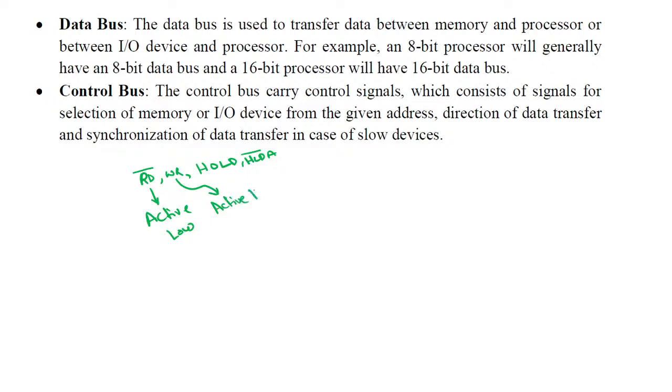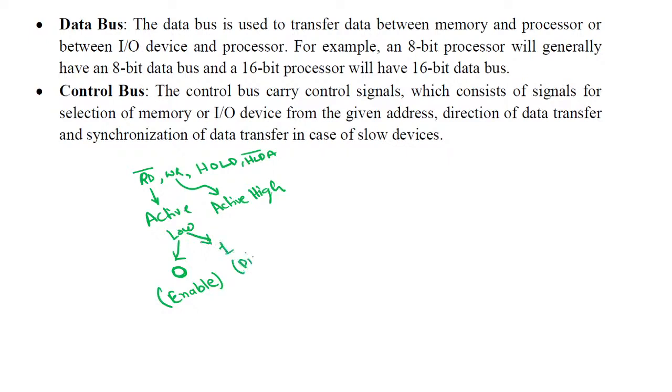Active low means that this control signal will be enabled when the value is 0. So if we have low voltage on that line, that signal will be enabled. It will be enabled on 0, that means active on low. Low means 0, high means 1, and it will be disabled on 1.